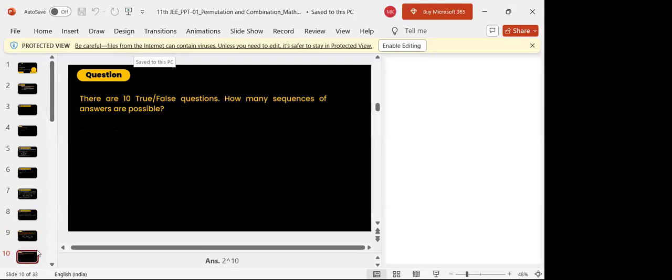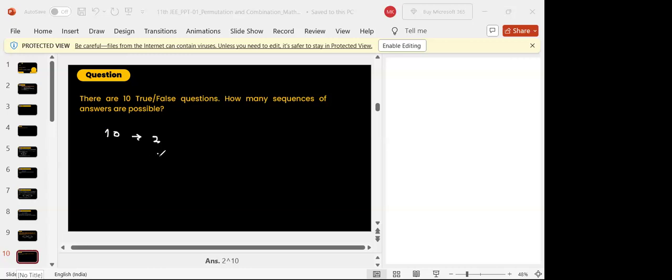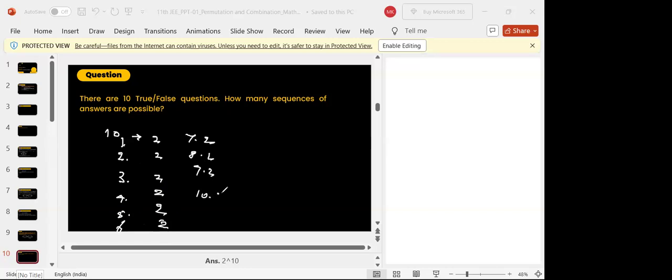We'll take it like this: 10 questions, each having 2. The first question to answer 2, second 2, third 2, fourth 2, fifth 2, sixth 2, 7th also 2, 8th also 2, 9th also 2, 10th also 2. That means we have the answer 2 raised to 10, which is equal to 1024. Very good.